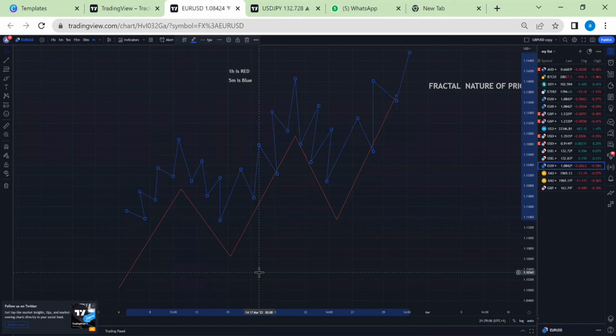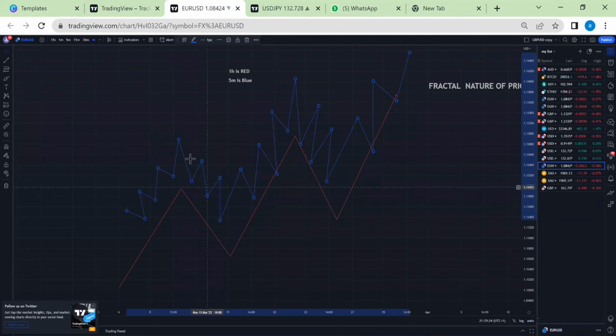Now it depends on how you want to define your terms. You can define your terms anyhow you want. You can simply say that this structure on this lower time frame is your internal structure.